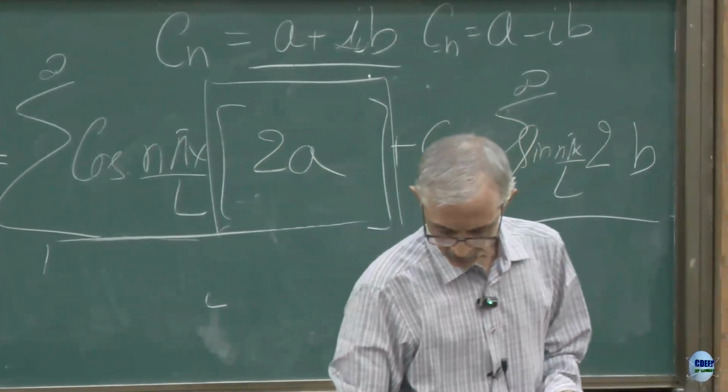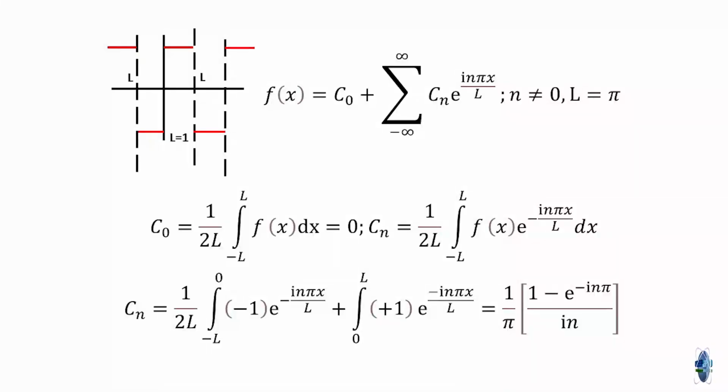Let's take an example so that we are clear about it. This is the same example that we had in the past, which we worked out based on the earlier definition of my Fourier series. I have got a function which is an odd function.